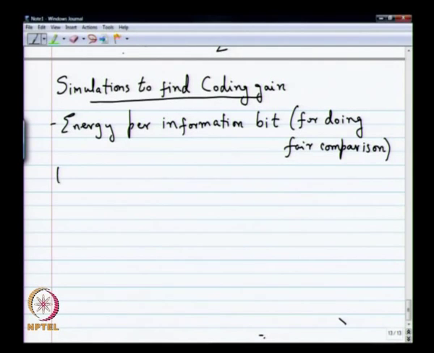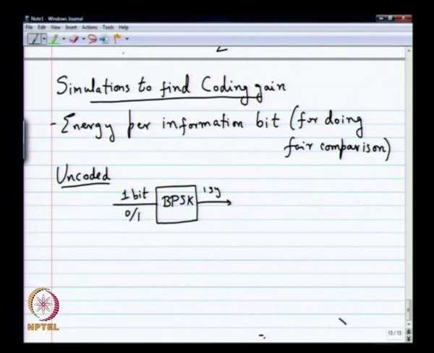So in an uncoded BPSK situation, what would you do? You would have one bit, 0 or 1, it goes to one symbol which is +1 or -1, then noise gets added to it, normal with 0 mean and variance sigma square, and you get one received value.